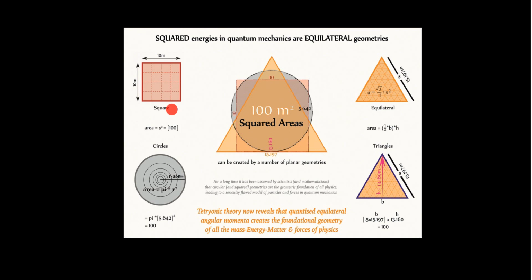We have a square number which is n times n, and a circle is pi r squared, but when you look at the formulations for the squared area of an equilateral triangle, you get root 3 on 2 by s squared, or half sine 60 by the length of one side, and the altitude or the height of a triangle is sine 60, square root of 3 on 2, etc. So the formulations become more complex or appear more complex.